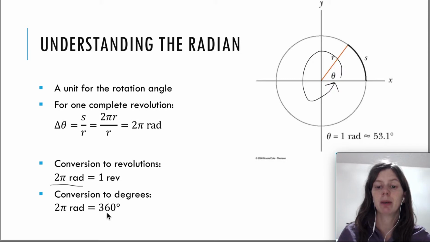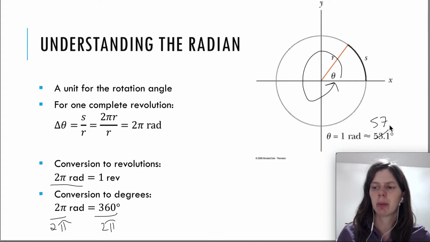So there's also that conversion. It turns out that if you divide 360 by 2 pi to get a radian by itself, you actually get 57.3.